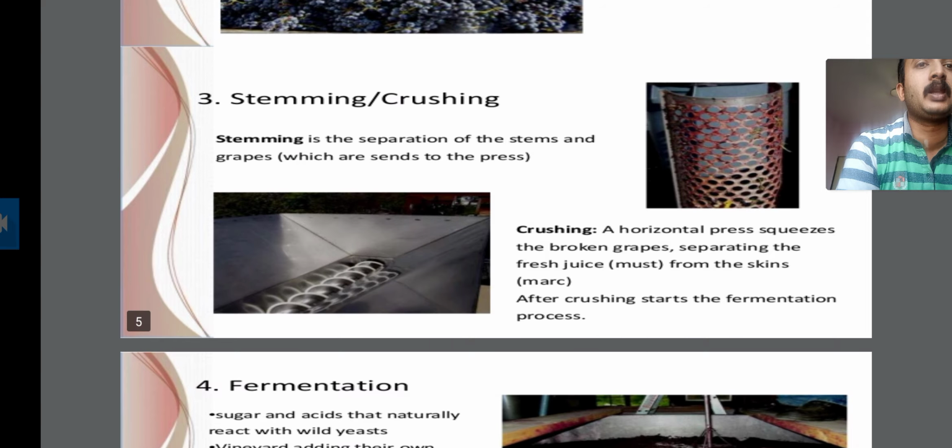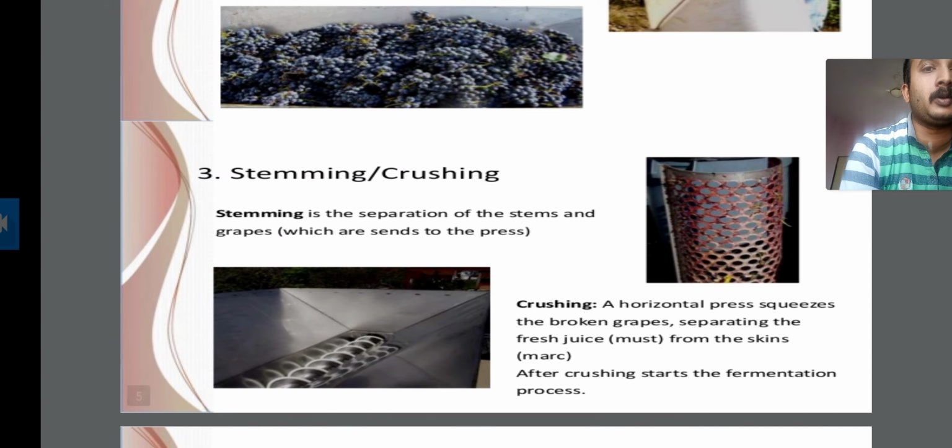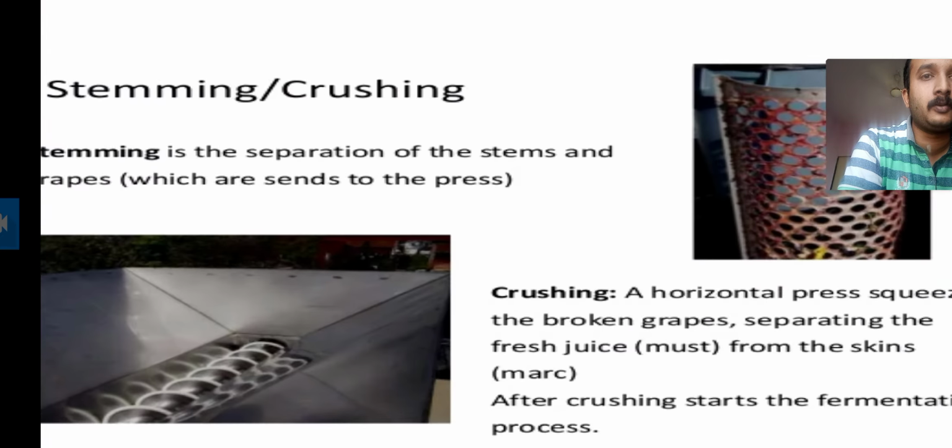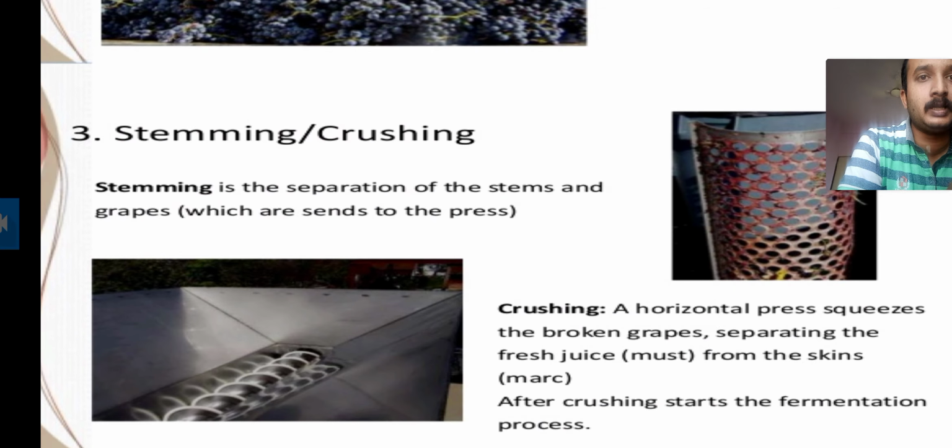Next, the stemming and the crushing. Stemming is the separation of the stems from the grapes, and the grapes are sent to the press.